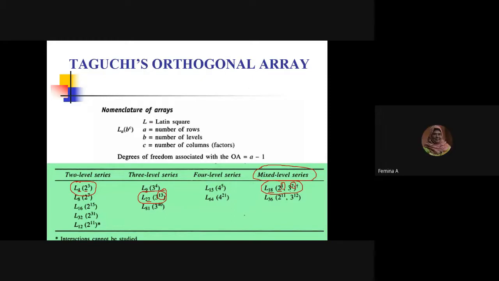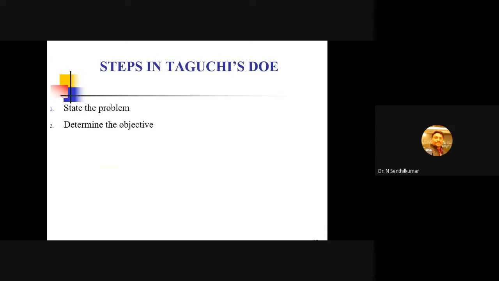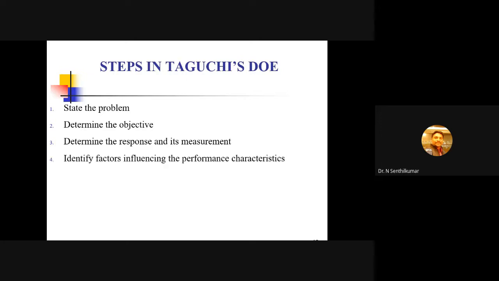Okay, sir. Okay. So the first steps in Taguchi are: state the problem, determine the objective, whether we are going to maximize or minimize the output. So that we have to determine. Then determine the response. Then I have to measure it. Then I have to identify the influencing parameters, and which is the influencing parameter and which is the noise parameter, that is external disturbances.